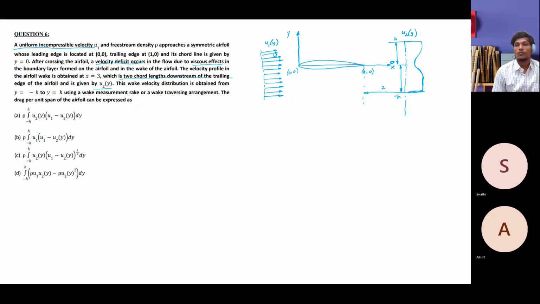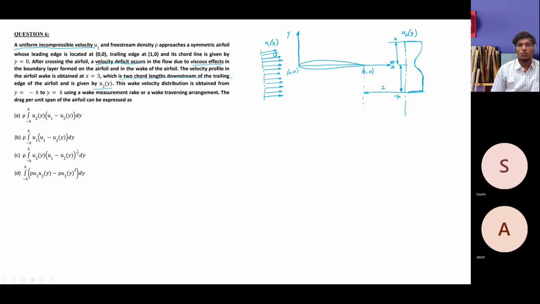This is the profile. Okay. So if this is the profile, they're asking us to find out the drag per unit span on the aerofoil. They are not asking us about this profile. They did not give any clear details of how the velocity profile is.